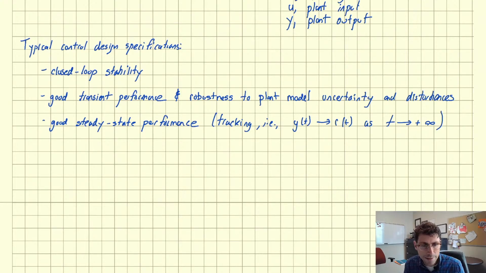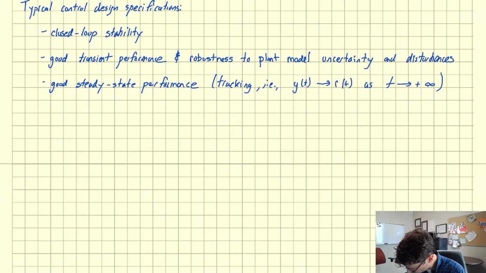Okay, so that's a continuous time system. And of course, you can imagine that we could do the exact same thing, but where now everything is in discrete time. All the systems are discrete time systems, and all the signals are discrete time signals. And so that's what we're going to talk about next. What you're going to see is that the discussion is going to very much mirror what we just talked about for continuous time systems.